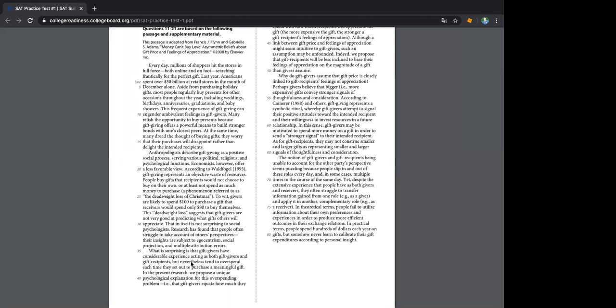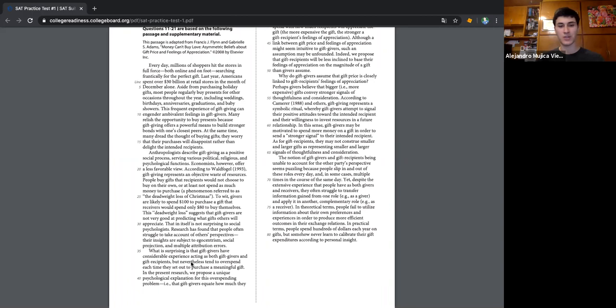That in itself is not surprising to social psychologists. Research has found that people often struggle to take account of others' perspectives. Their insights are subject to egocentrism, social projection, and multiple attribution errors. What is surprising is that gift givers have considerable experience acting as both gift givers and gift recipients, but nevertheless tend to overspend each time they set out to purchase a meaningful gift.